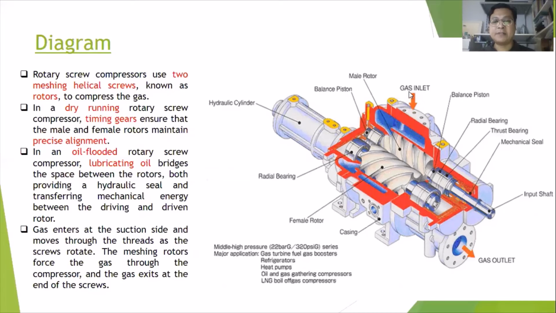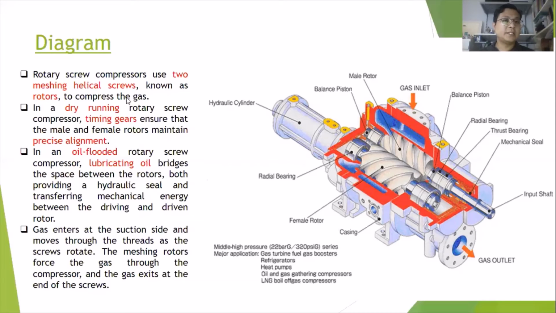The inlet is vertical and this one is horizontal. The moving is like a screw, trapping the gas between the screws and then transferring it into the outlet system.